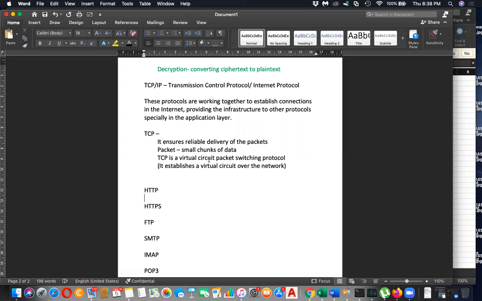That means the internet is a complex environment. You have multiple ways to get to a particular destination. Assume that you are traveling from Colombo to Kandy. One route is the Kandy Road. The second is that you can go to Kurunegala and then go to Kandy.